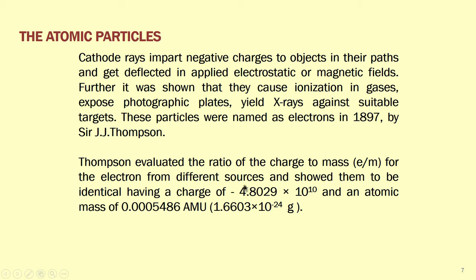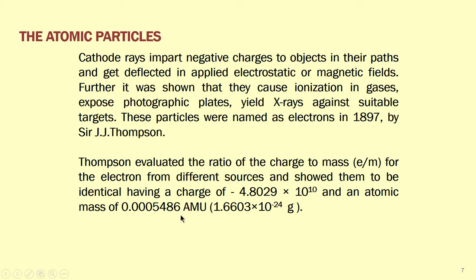They have a charge of minus 4.8029 into 10 raised to minus 10 electrostatic units, ESU, and an atomic mass of 0.0005486 atomic mass units. So, what is an atomic mass unit?